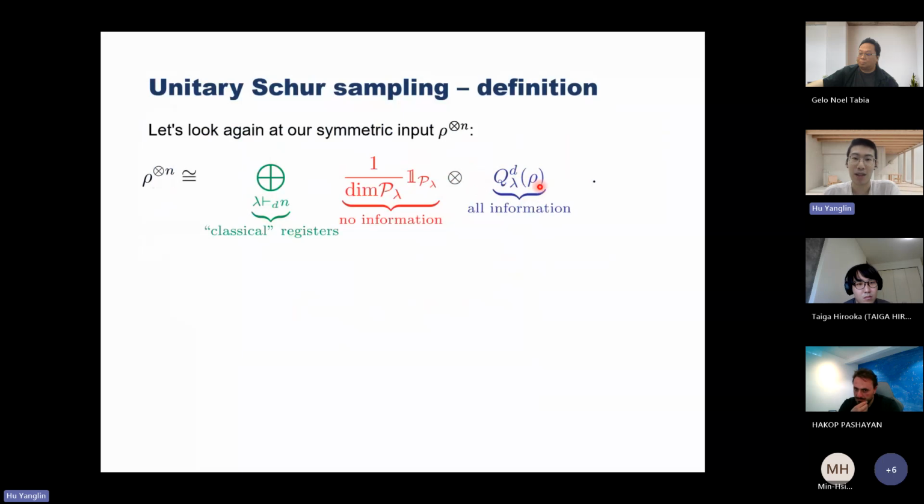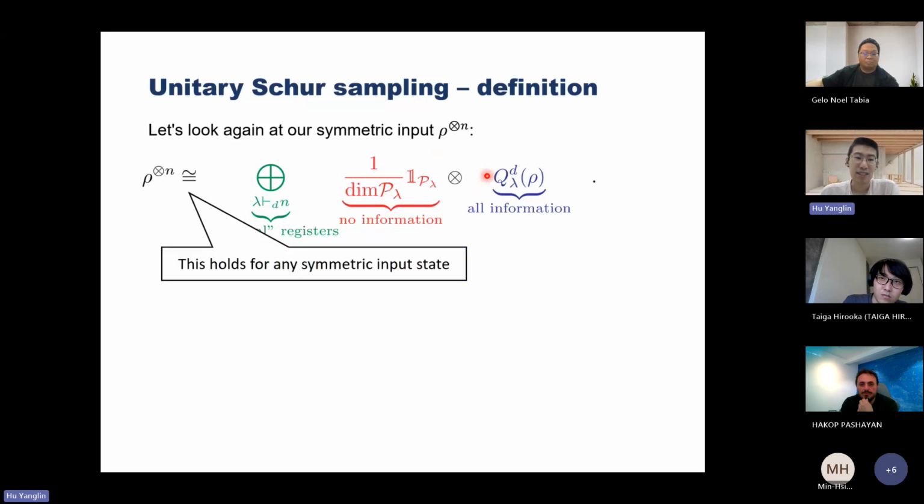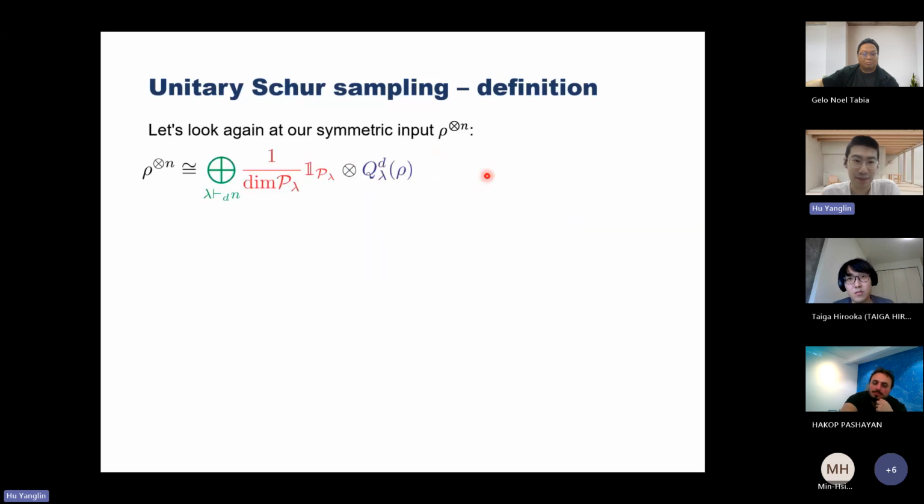Now you see that because there is identity on this irrep of the permutation group, there is no information here, and all the information about the state rho is in the irrep of the permutation group. This holds for any symmetric input state, and we can use this to do tomography and to help do our task.